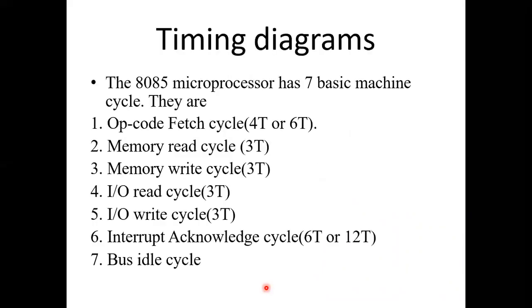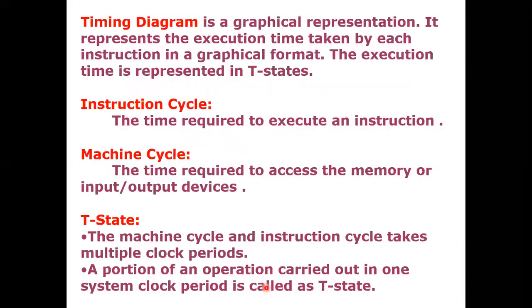It is done by the different cycles. Mainly we have to know what cycles are available. So what is an instruction cycle? What is a machine cycle? And what is a state? Like that we can define. You got it?